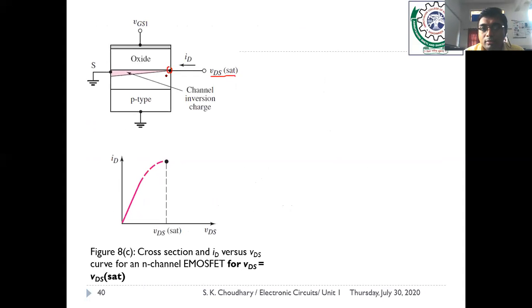So it has not yet entered the saturation region; it is on the boundary of non-saturation and saturation, and at that time your channel is uniform. It is terminated at the drain terminal, and your ID versus VDS curve is like that, and at this point the curve starts to bend. This is the VDS set, the pinch off point.